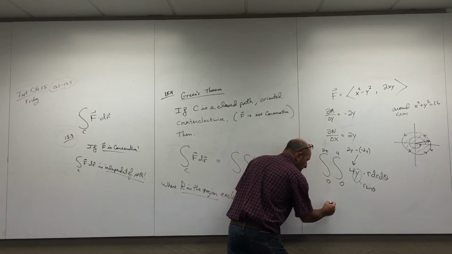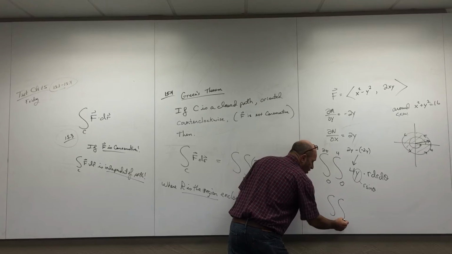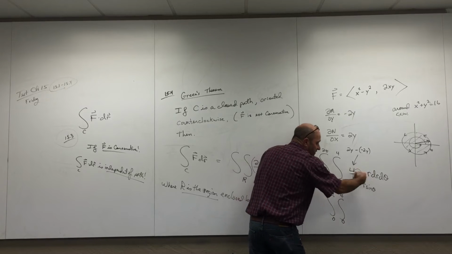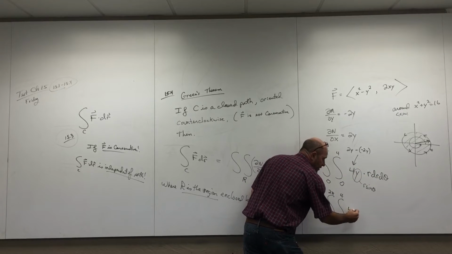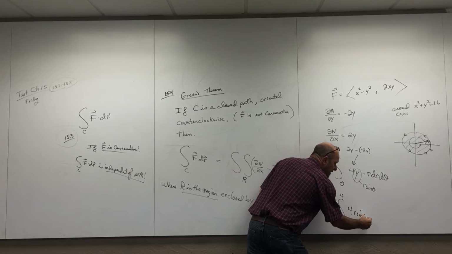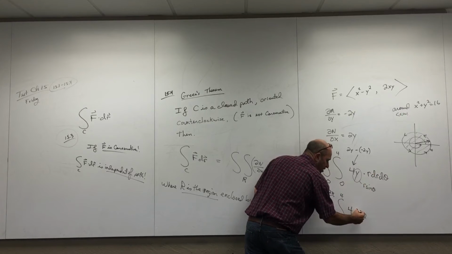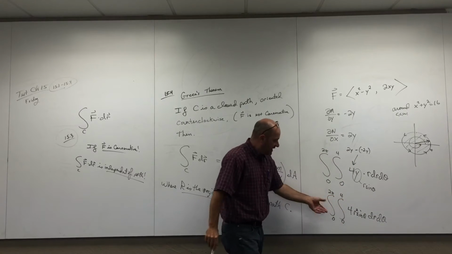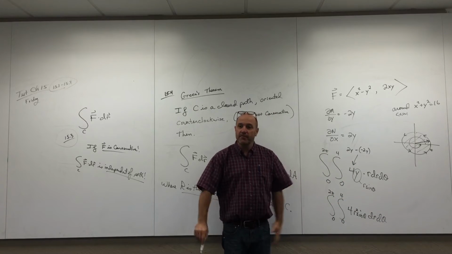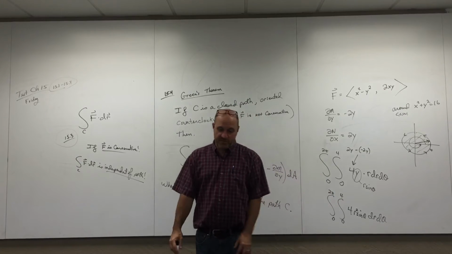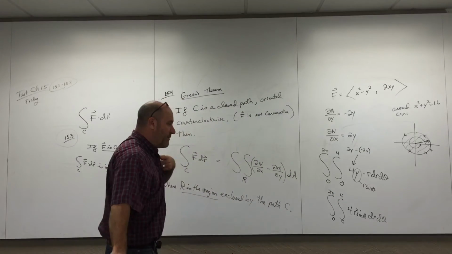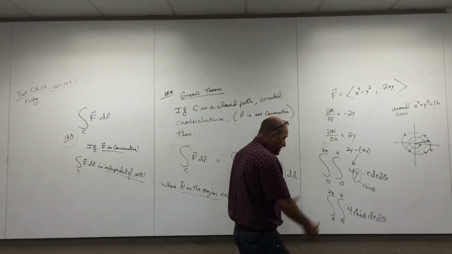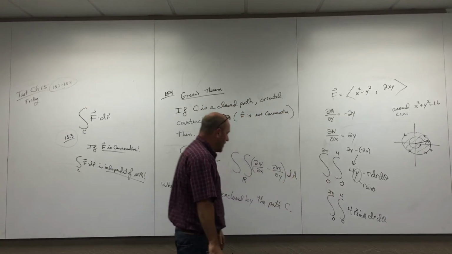So this whole problem has turned into a whole new game. I'm not even doing the vector field anymore. Are you with me? I'm doing 4r sine theta times that other r. If you don't mind, I'm going to call that r squared dr d theta. I'm back to chapter 14 doing a good old double integral. I'm using this double integral to do the work done by the vector field, but there's no vector field in this integral.